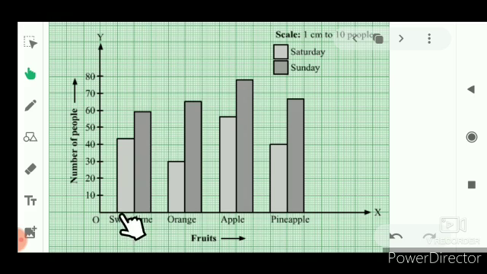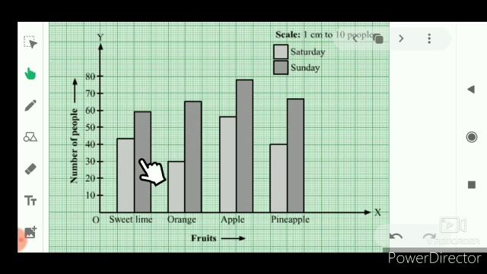First of all, we will draw the graph for Saturday. For Saturday, one particular person takes 45 juices of sweet lime, 30 juices of orange, then 60 or 55 juices of apple and 40 juices of pineapple. After that, we have drawn the graph for Saturday.